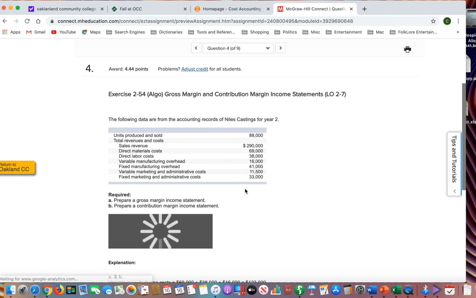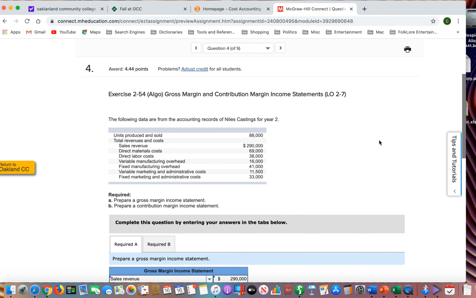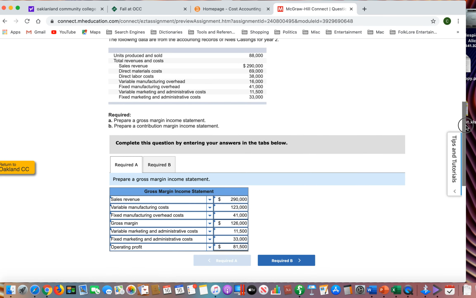Let's see, number 4. Again, you need to construct 2 different income statements based on this information here. Notice this. This is the sales. You got all your manufacturing costs, both variable and fixed.